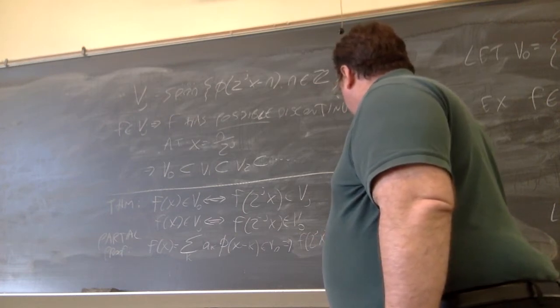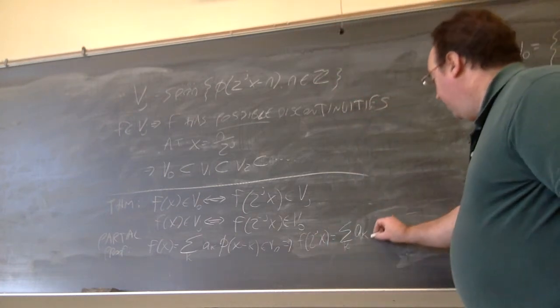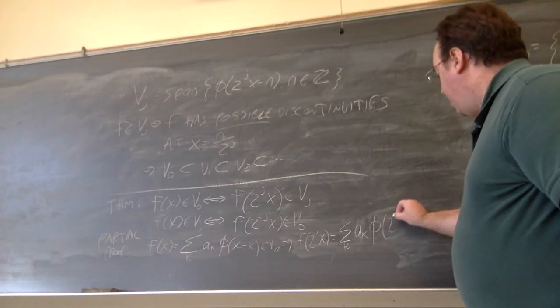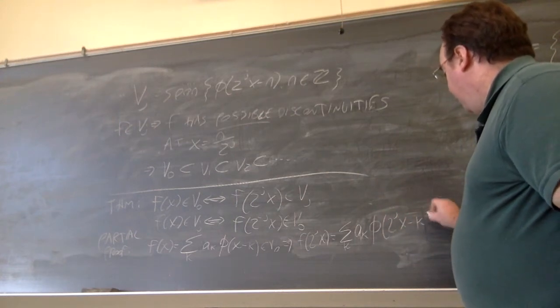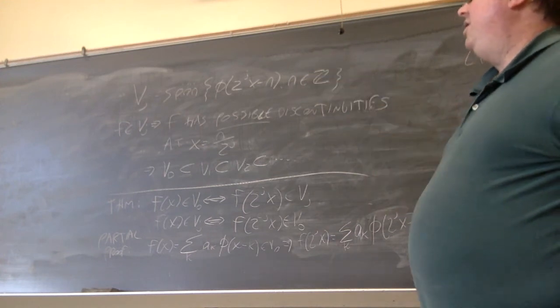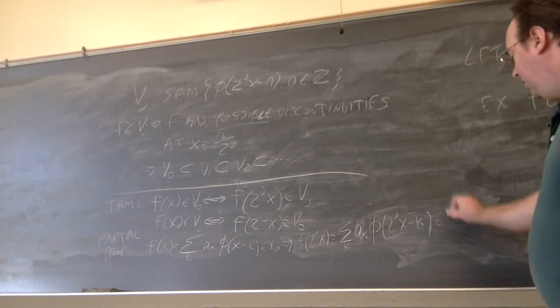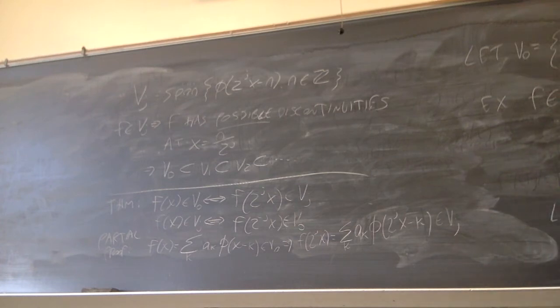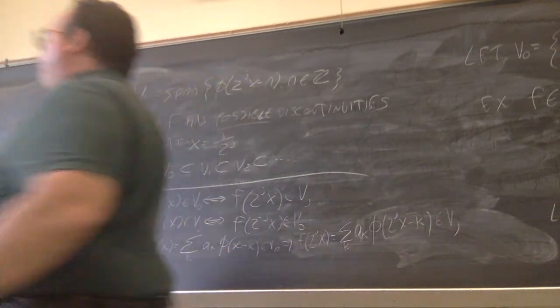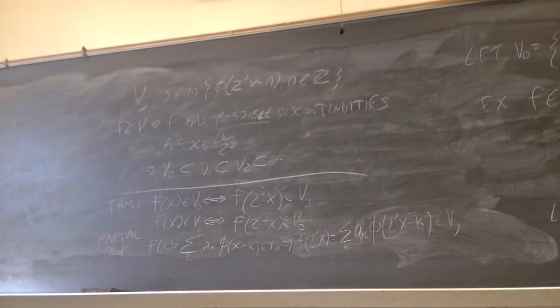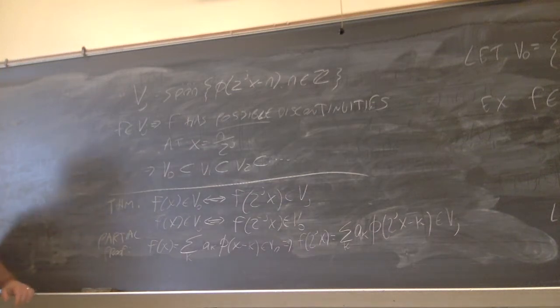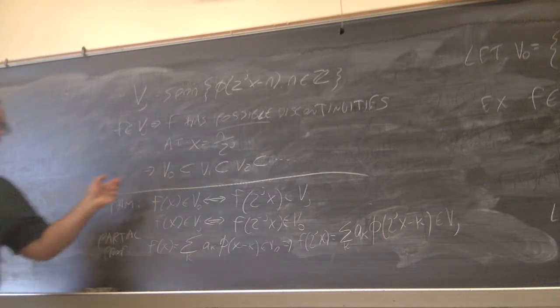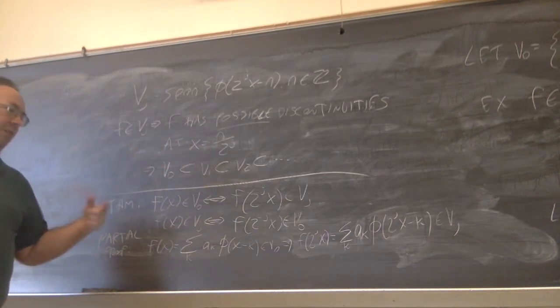So I get some a_k phi of 2 to the j x minus k. But that's the very definition of a function in Vj. So it's easy to move between these spaces just by multiplying your argument by positive or negative powers of 2. If you multiply by a positive power of 2, you go up this hierarchy, and with a negative power of 2, you go back down.